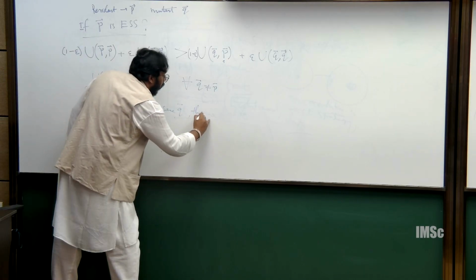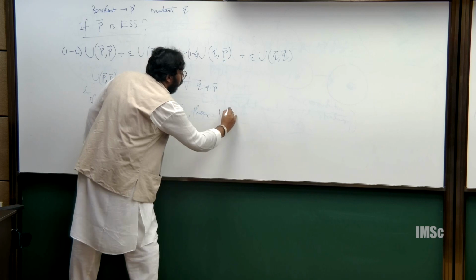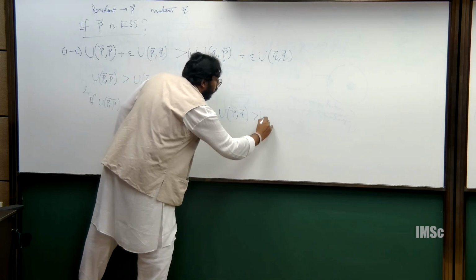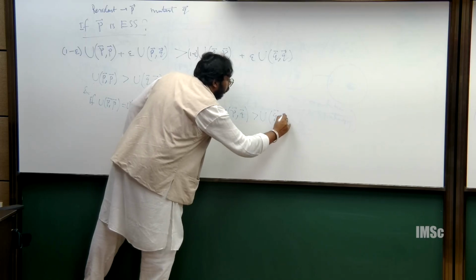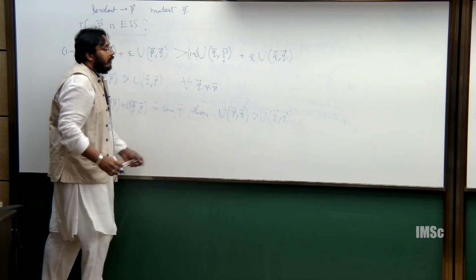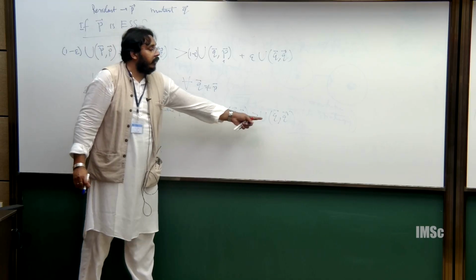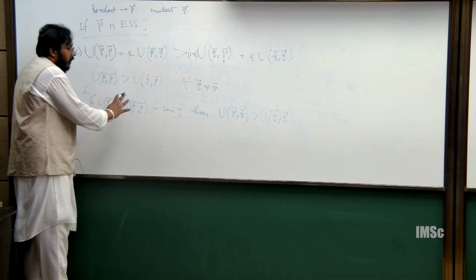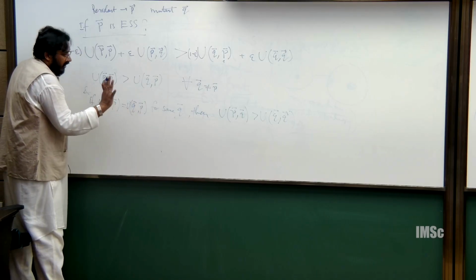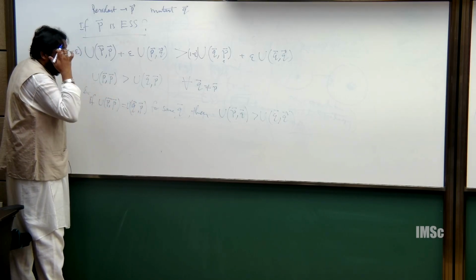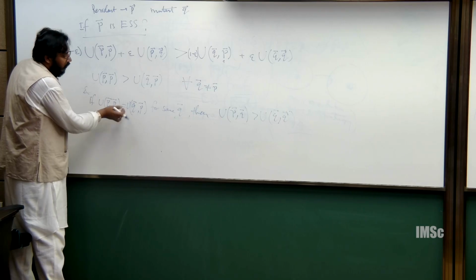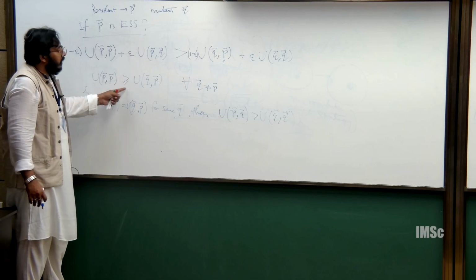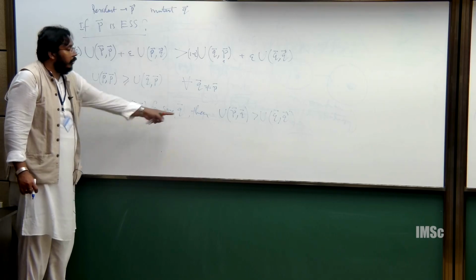Then what has to be is U P against Q should be more than U of Q against Q. So physically you are saying whatever you get against the mutant should be more than what mutant gets against the mutant, okay? And for certain technical reason, because this weak Nash thing can sort of mess up, this equality can also be placed here without any problem, because all you are saying is either it's greater than or equal to, and whenever it's equal, I am anyway going to check this.